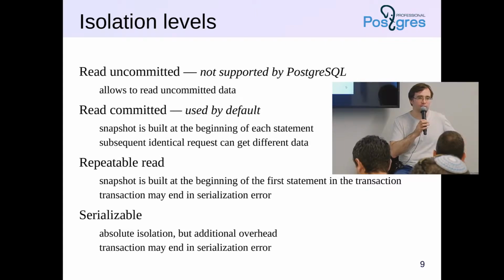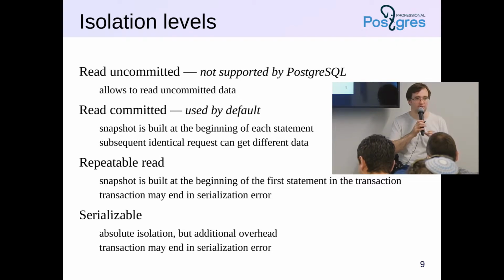It doesn't depend on the number of rows. When you create a snapshot, you don't know how many rows you will need. You just remember the current transaction ID and the list of open transaction IDs. That's all. This information is enough to understand which row version must be in your snapshot. For each row, actually? Yeah, yeah. So no matter how much data you process.